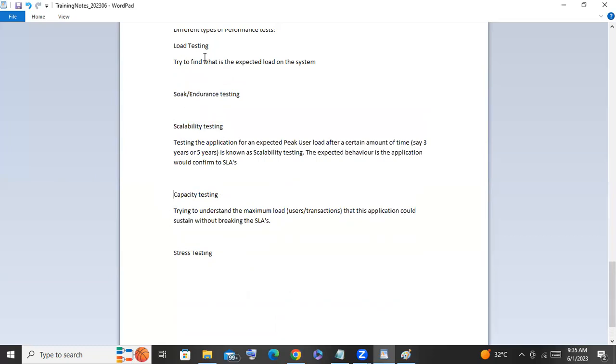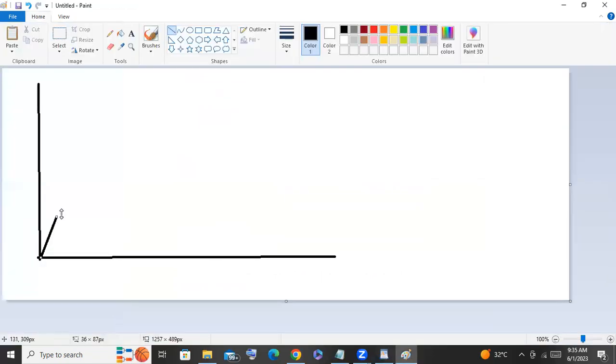So we know that our application would be able to sustain this particular amount of load, whatever load we are talking about, when in the first year the application is released to production. Whatever user load the application would get, we know it would be able to sustain that load.